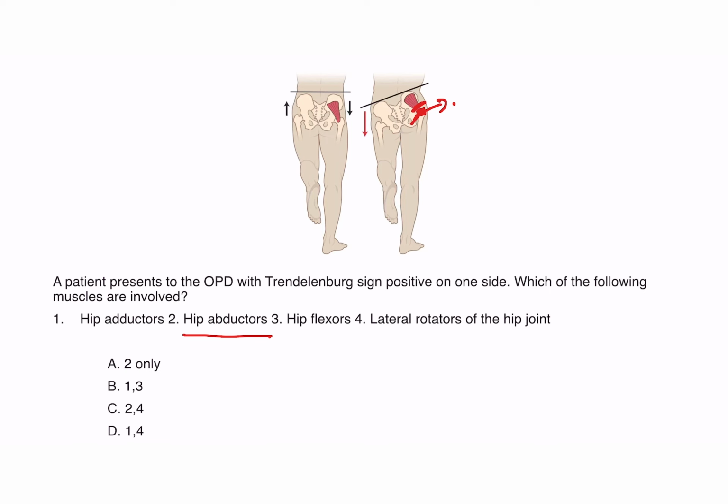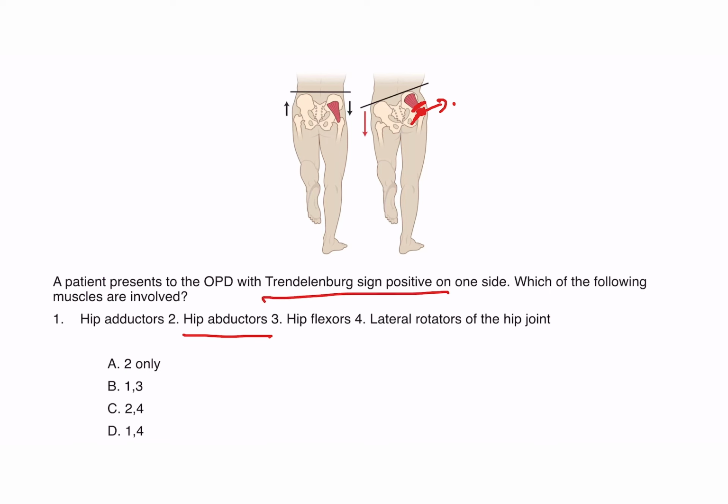So the entire abductor mechanism has to be intact for the person to stay normal when you are doing that Trendelenburg test. It involves the spine, the superior gluteal nerve, the abductor muscle, the greater trochanter insertion, the intertrochanteric region, the neck of femur and the hip joint. Everything has to be intact for the entire abductor mechanism to act normally. Otherwise, the patient will have a Trendelenburg sign positive.